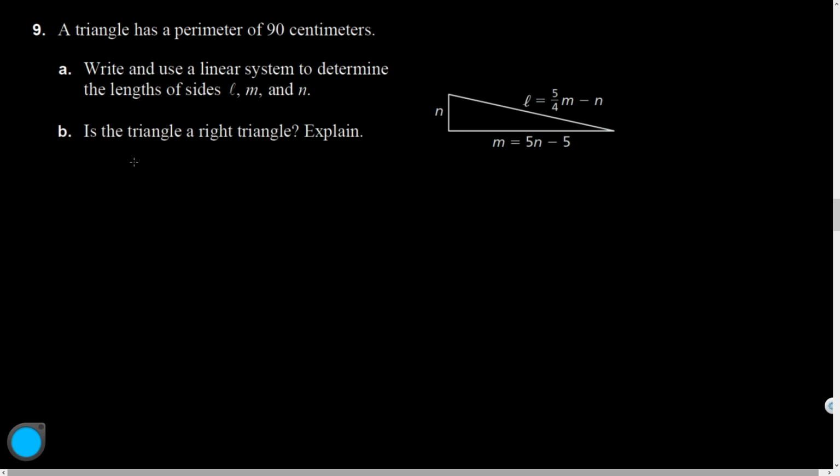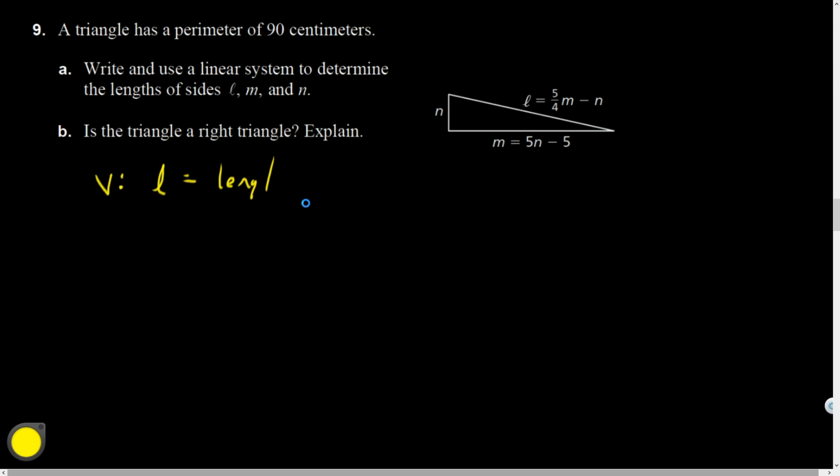And so those are my variables. Oh, they already defined those variables for us. Right, and so my variables are L, length, M, I could call this base 1 or something like that. It looks like this is a right triangle. I can't assume that.